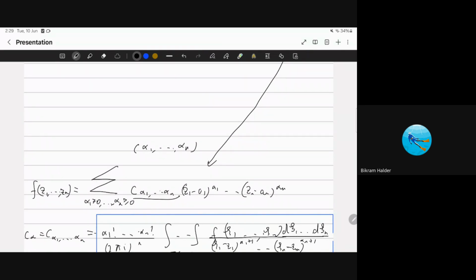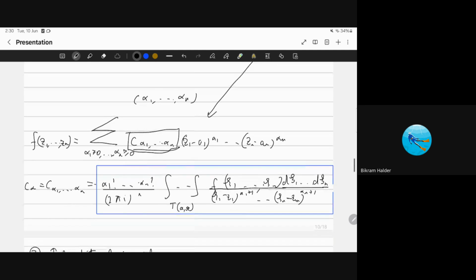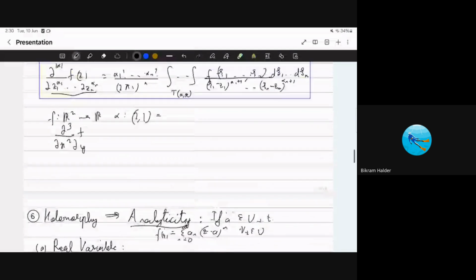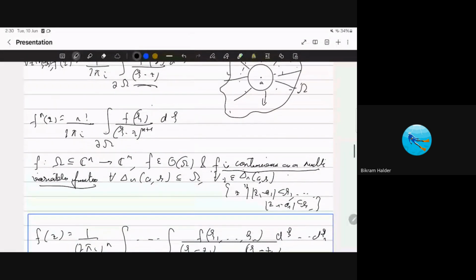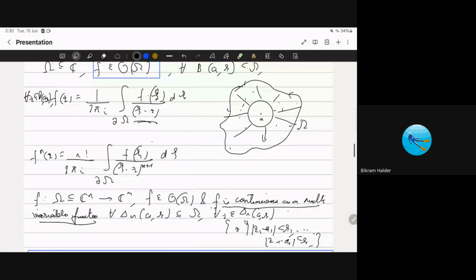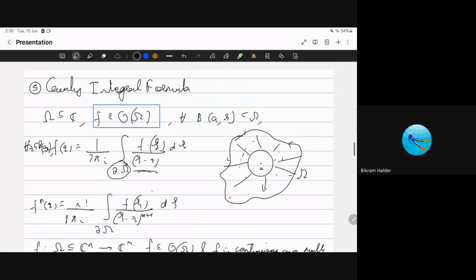These are the indices, these are the coefficients, and this is the power series, and the coefficients will be of this form, which come from the Taylor expansion as we saw. One thing that I missed pointing out is that when we were talking about the Cauchy integral formula, we were talking about the boundary of the domain, or the boundary of the ball containing a.